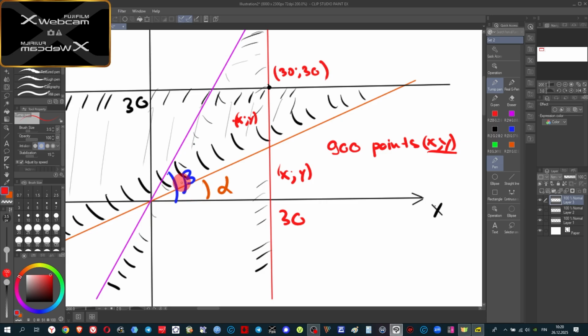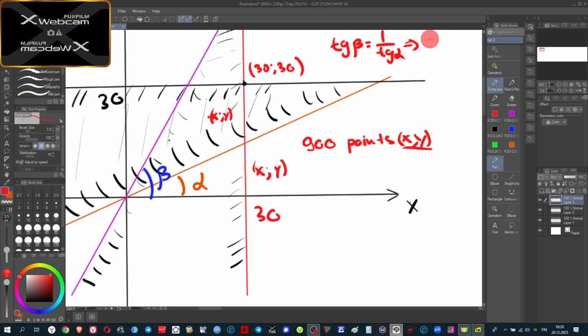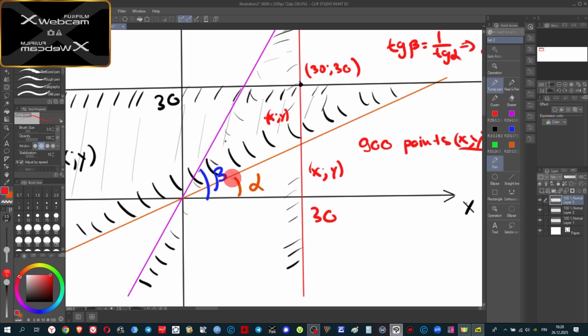When you have these two angles where tangents are reciprocal, for example, if tangent beta equals 1 over tangent alpha, it immediately means that for acute angles, alpha plus beta equals 90 degrees. It's a simple problem in trigonometry, you can check yourself, and therefore if the sum of these angles is 90 degrees, beta equals 90 minus alpha, and therefore this remaining angle is also alpha. So we can get rid of beta here. I will just erase it.